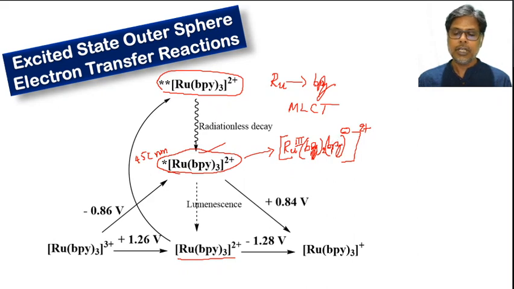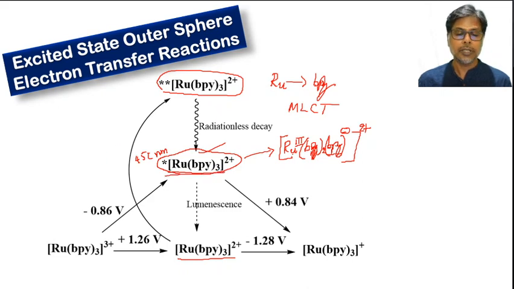So you have an additional electron on one of the bipyridine ligands, and there is a hole. That means that there is a loss of electron in the ruthenium. That changes the redox properties of this excited state complex tremendously.